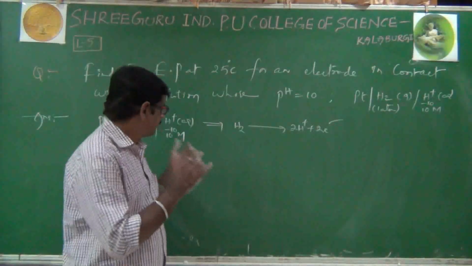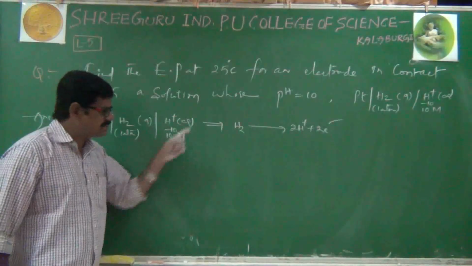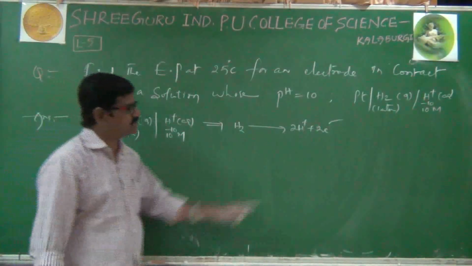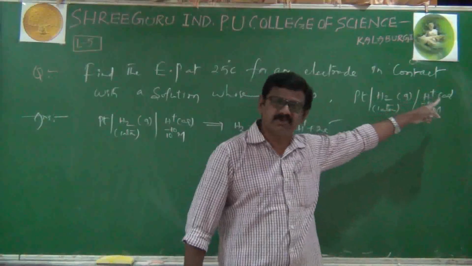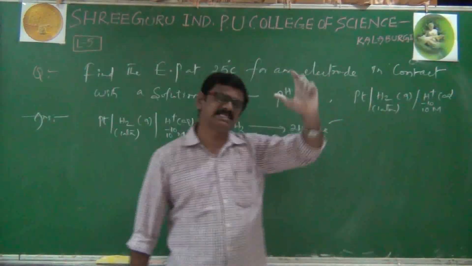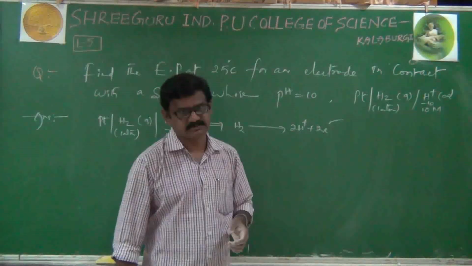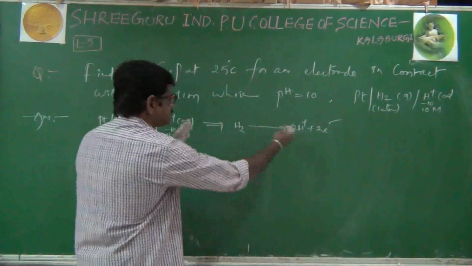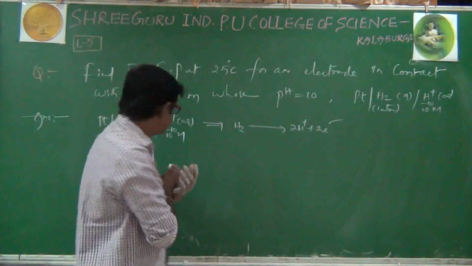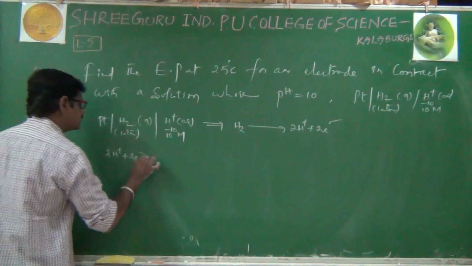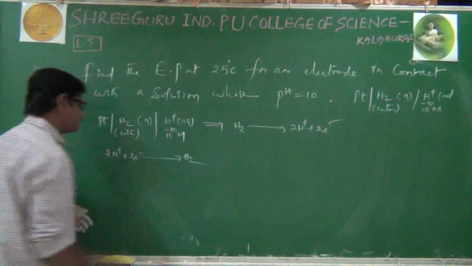First we will calculate the reduction potential value only. But the question is asking oxidation potential. That's why whatever final answer we get, that final answer will change its sign. That's why this oxidation I am just turning into reduction: 2H plus plus 2 electrons gives H2.